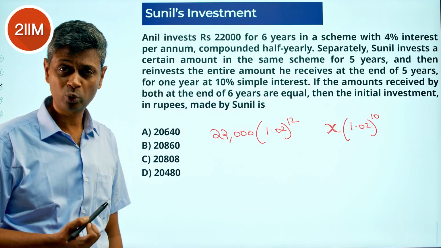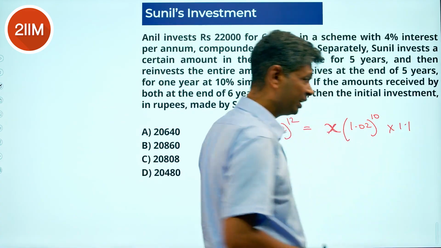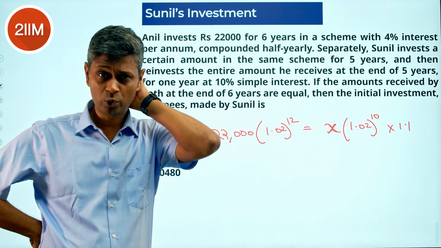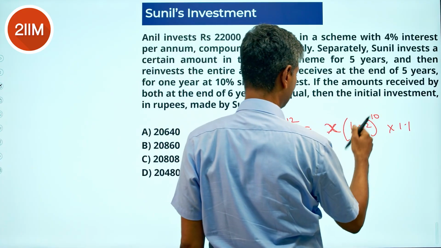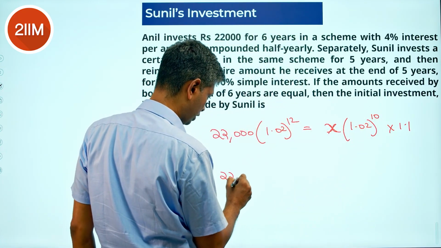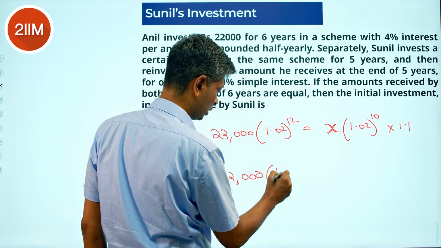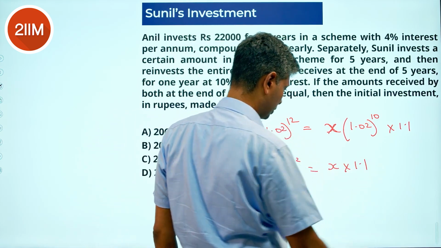The initial investment in rupees made by Sunil. This is equal to this into 1.1. I was a little worried, how am I going to calculate 1.02 to the power 12? That simply doesn't happen. So this 1.02 to the power 12 and that 10 get cancelled. 1.02 whole square. 22,000 into 1.02 whole square equals x into 1.1.